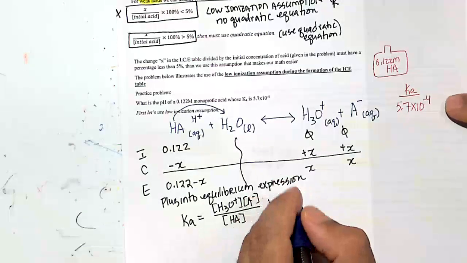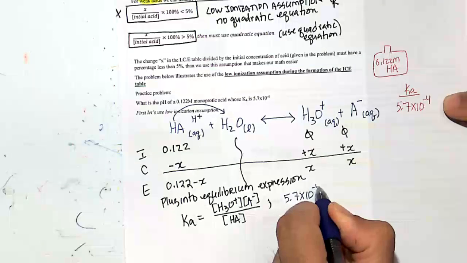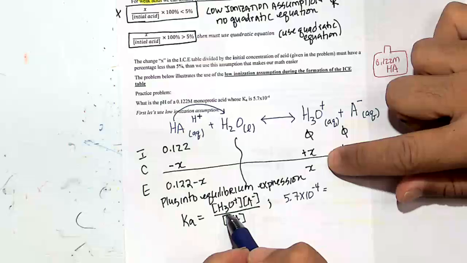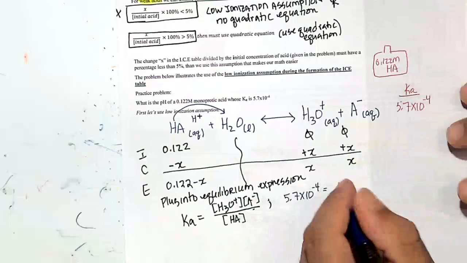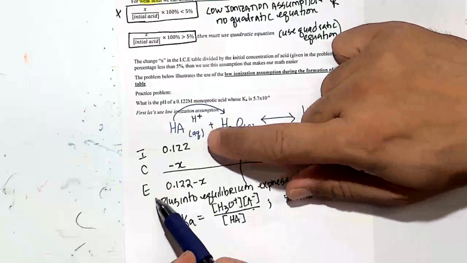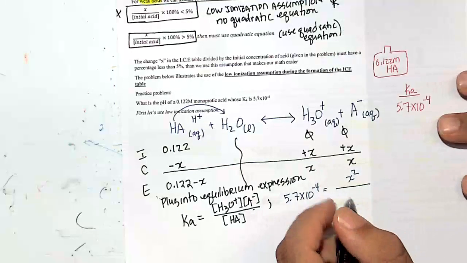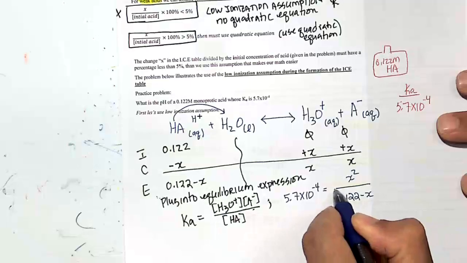Ka is given to us in the problem, right? It's 5.7 times 10 to the minus 4. H3O concentration at equilibrium is x, A minus concentration at equilibrium is x. X times x is x squared, divided by the equilibrium concentration of HA, which is 0.122 minus x. Why did I not put in water?